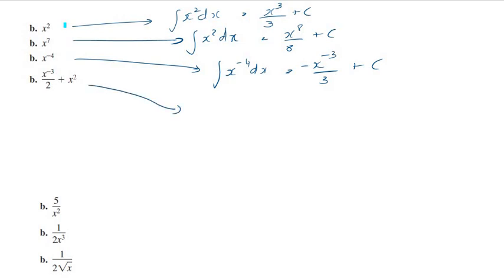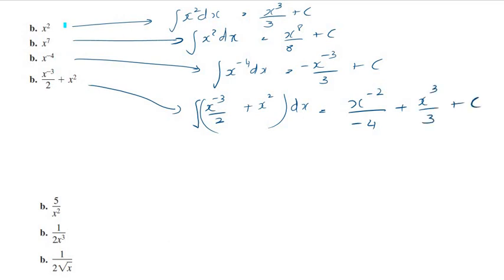And for x to the power minus 3 over 2 plus x squared dx, the antiderivative would be: you first add 1 and divide by that value, so it will be x to the power minus 2 divided by minus 4, because there is another 2, it's minus 4, plus x to the power 3 divided by 3 plus c.